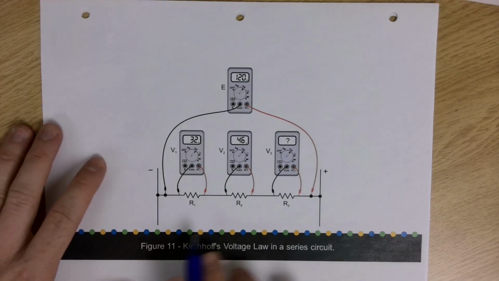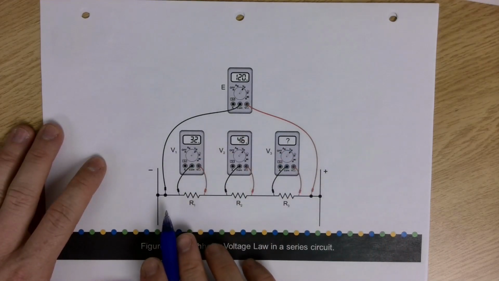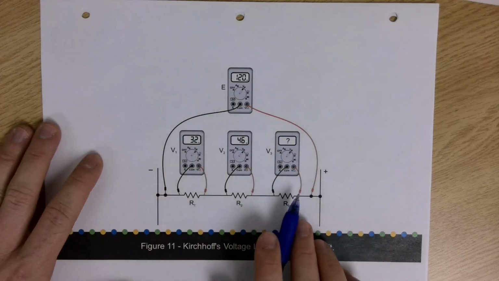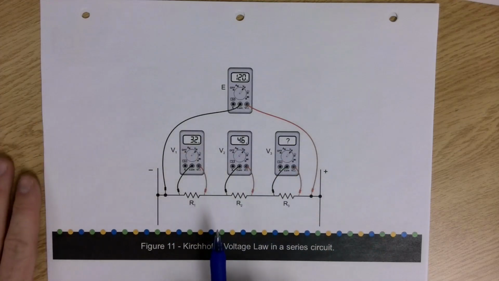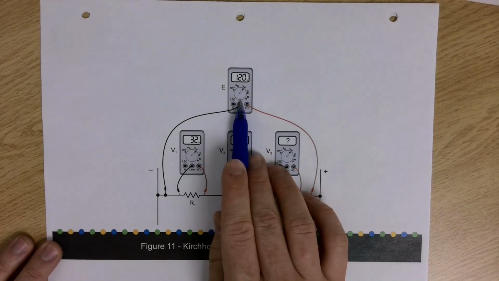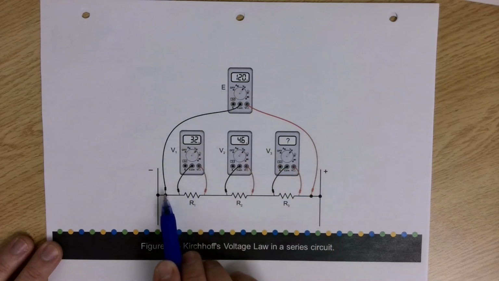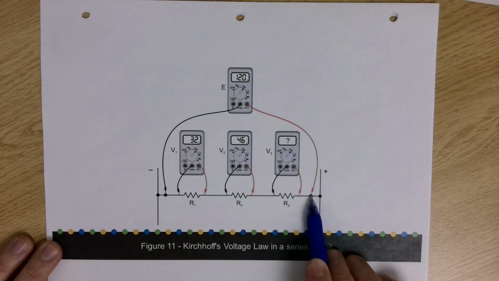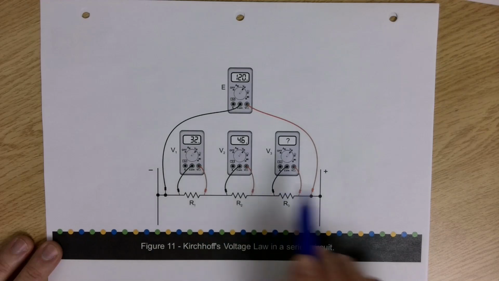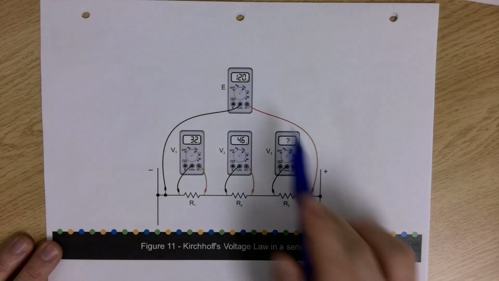Each voltmeter is measuring voltage, but remember that voltage is a potential difference. The one at the top, labeled E, is measuring the difference between the beginning of the circuit and the end of the circuit. The difference from start to finish is 120 volts. That's our applied voltage.